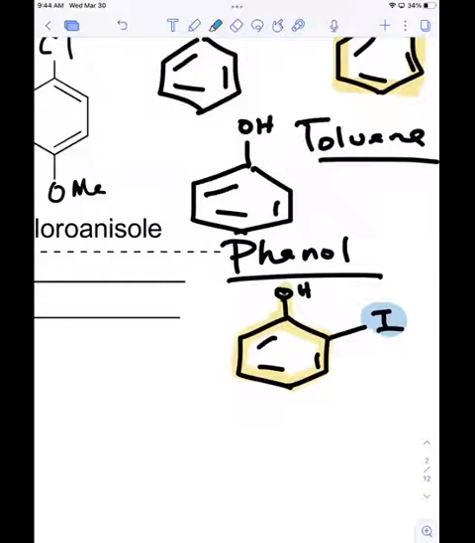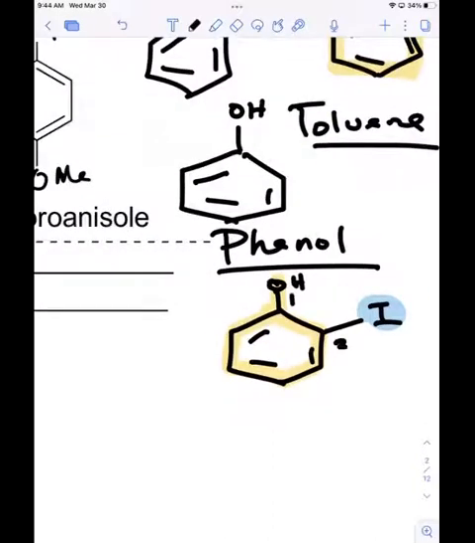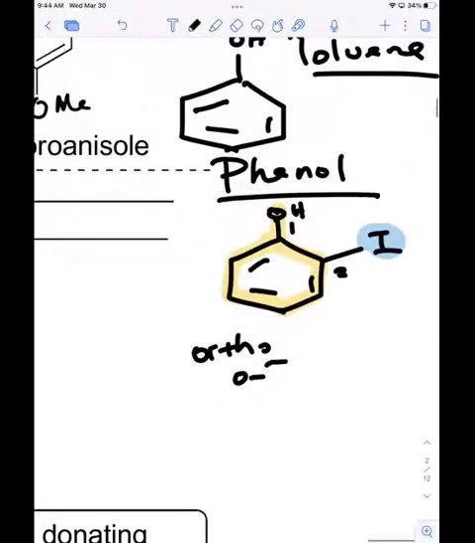It's 1, 2, right? So that is what? Ortho. So this would be ortho, or O, iodophenol. The iodo part is for the iodine.